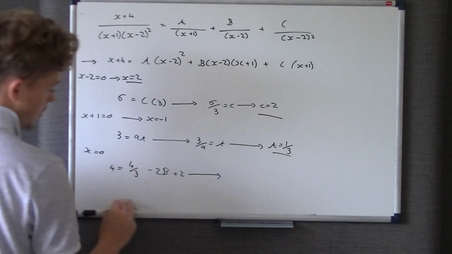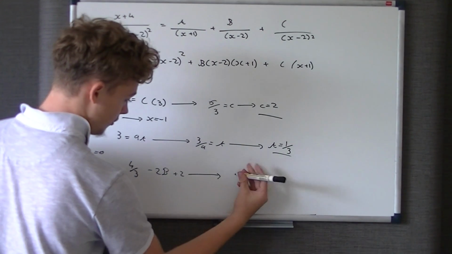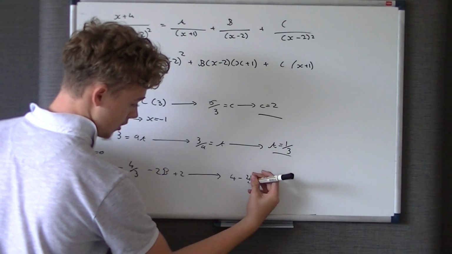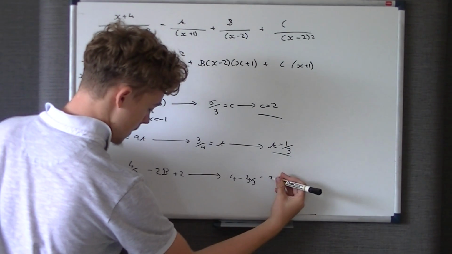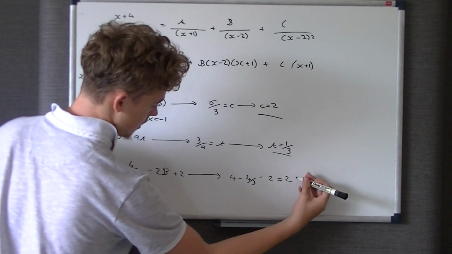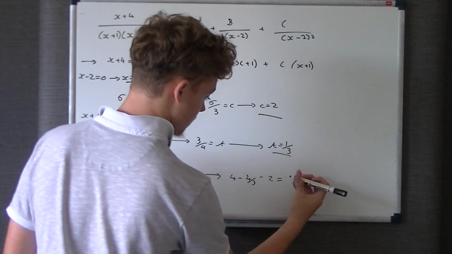Okay, so then we move all the numbers onto the side and leave the b where it is. So that is 4 take 4 thirds, take 2, equals negative 2b.